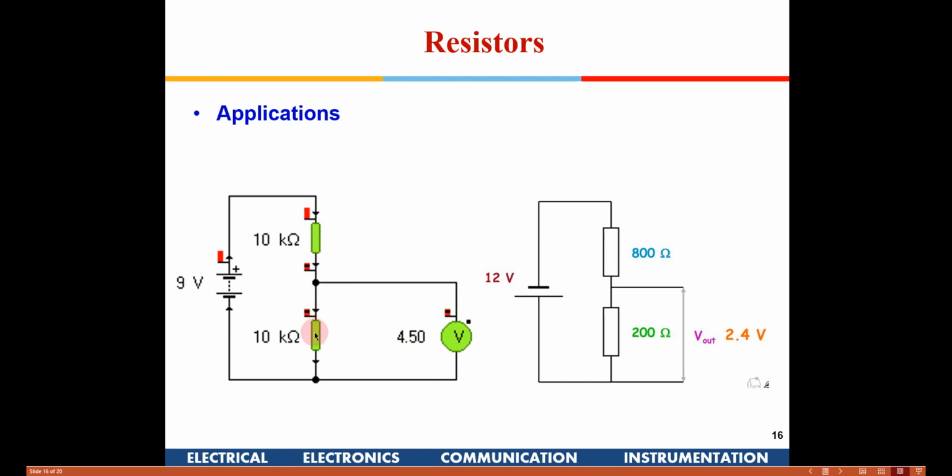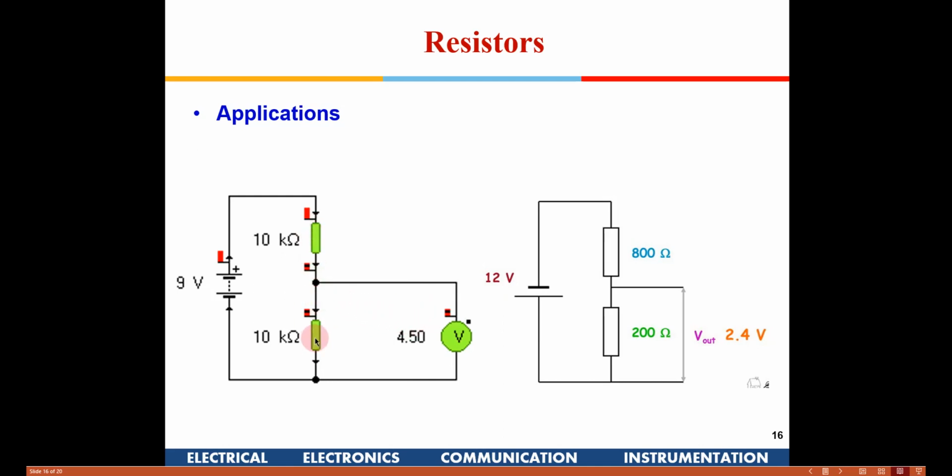I can use 10k and get 4.5 volts. Is this much clear to you? Yes, sir. Now, instead of 10k, I can use 1k, or I can use 1 ohm also, and still I will get 4.5 volts. So now what should be the value?